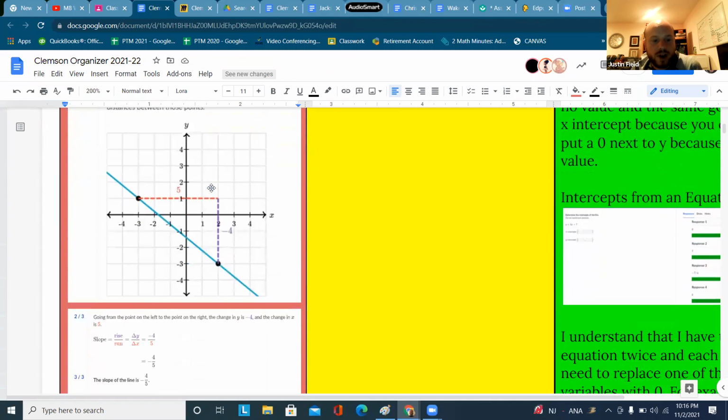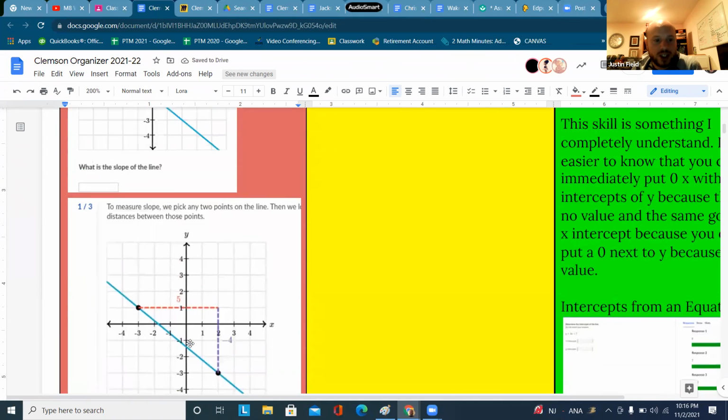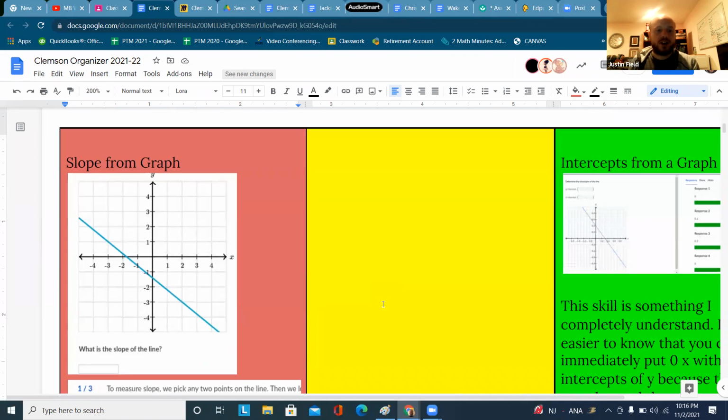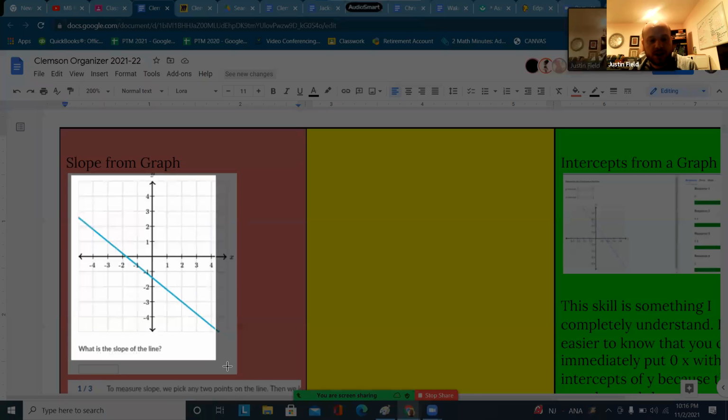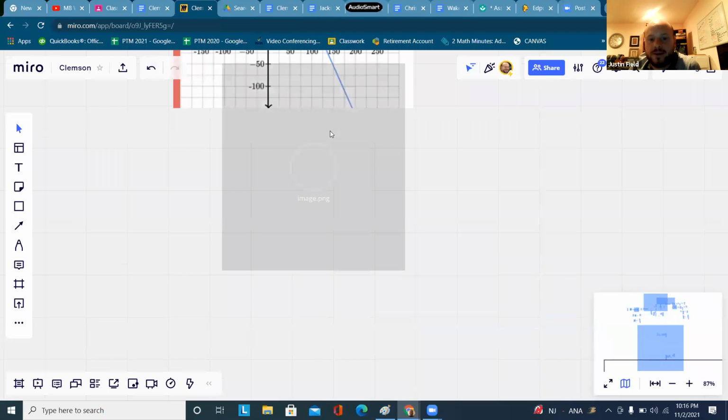Shakina, slope from a graph. Great question. I don't really understand this concept. My real question is, because there are many points on the graph, it's hard to know which one to pick.